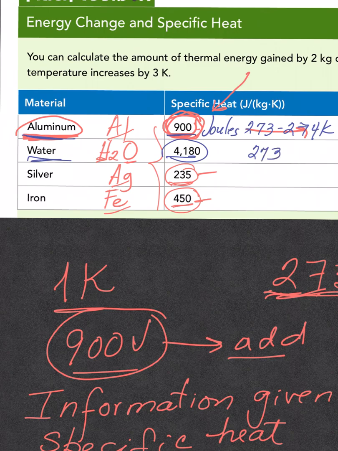Same 273. Let's say that I have 1 kilogram of aluminum and 1 kilogram of water. Now I have 1 kilogram of water and I want to increase the temperature of the water from 273 to 274 Kelvin. And I need 4,180 joules.